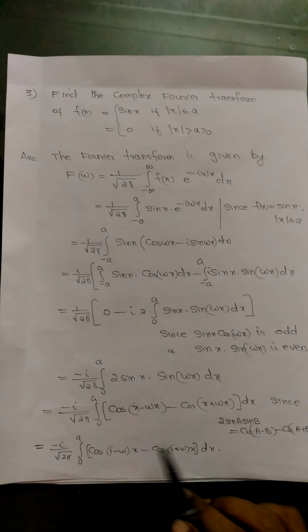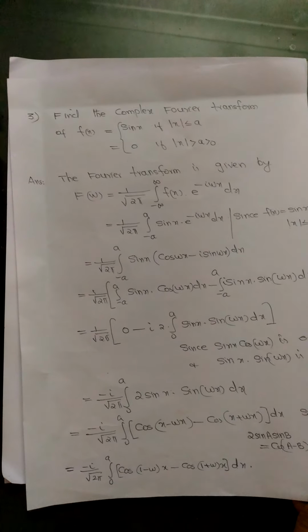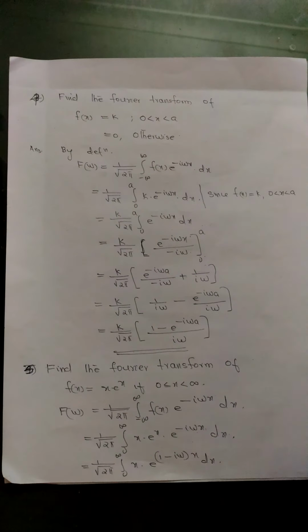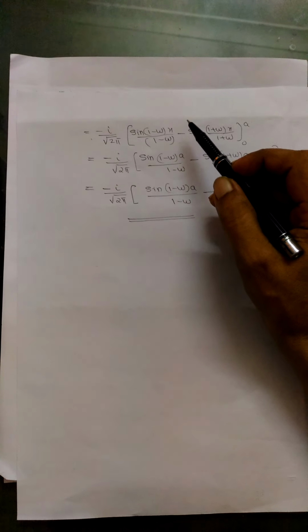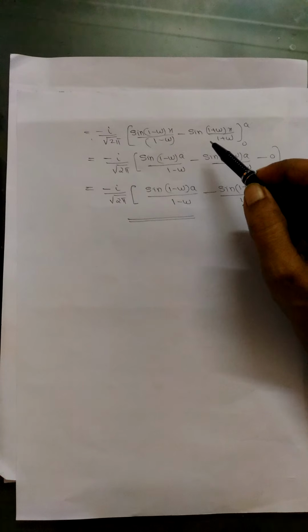So, integrate this, and we know the integral of cos x is sin x. So, this equals −i/√(2π) [sin((1 − ω)x)/(1 − ω) − sin((1 + ω)x)/(1 + ω)] with limits 0 to a.